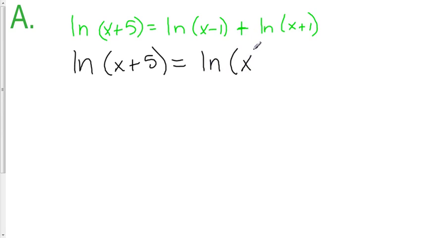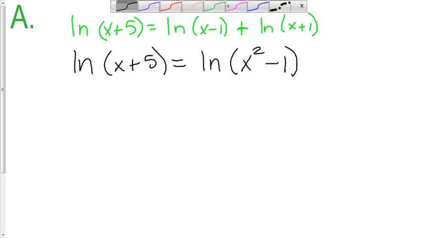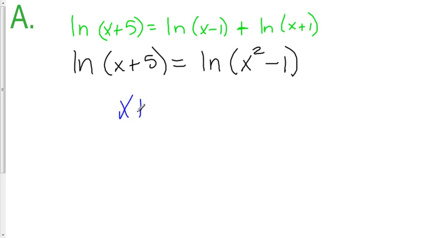So you would get x squared minus 1, because you're multiplying x minus 1 times x plus 1. Now that you have it written this way, because both of these have ln on each side, they can be gotten rid of, and you will be left with x plus 5 equals x squared minus 1.